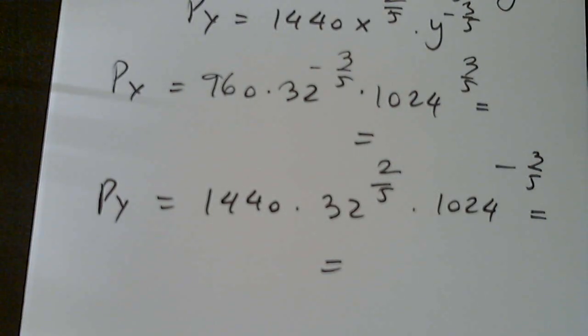Okay, so let's calculate these two. 960 times 32, and the power is negative 3/5.